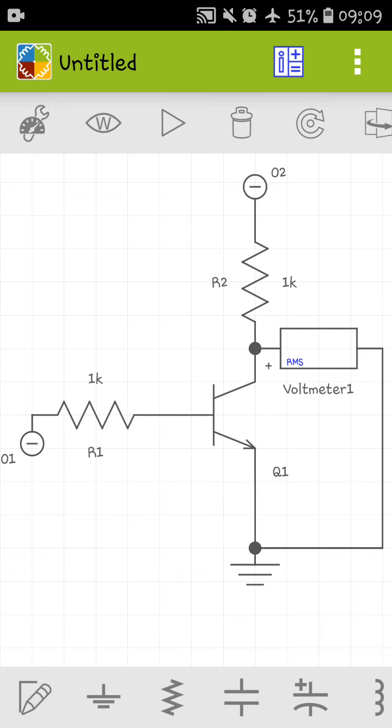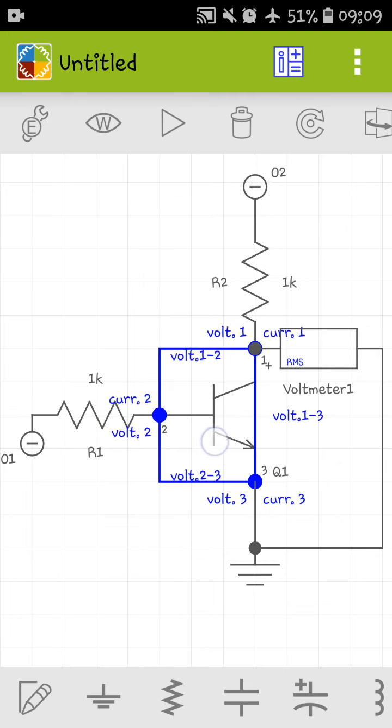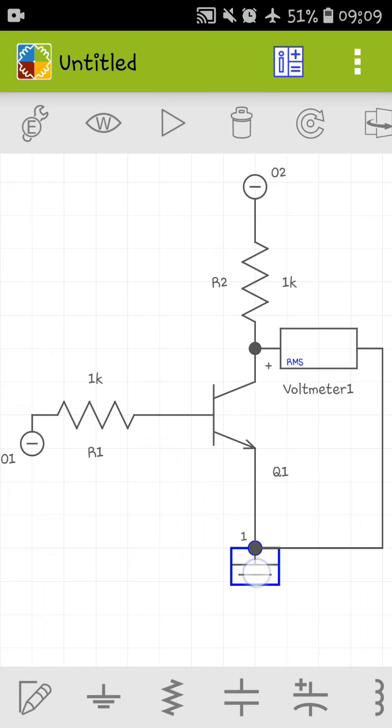Now we have to take KVL in the base emitter loop. So in this loop, 5 volts minus base current into resistor R1 minus 0.7 equals 0 volt.